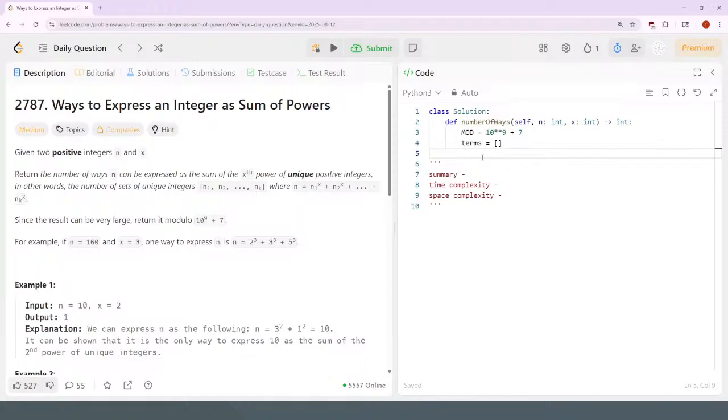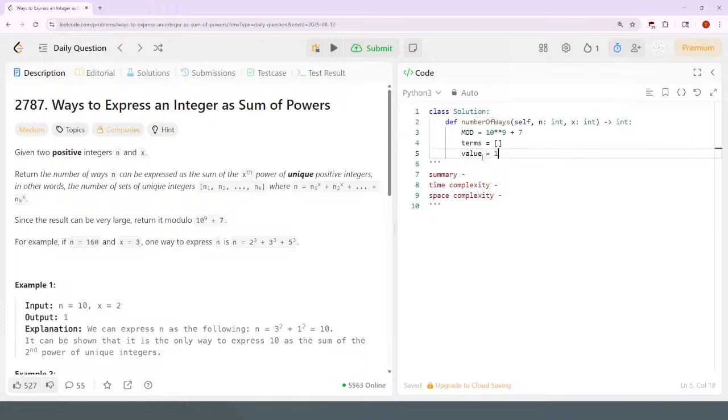So I'll start with while. I'll start with value as 1. Is that right?